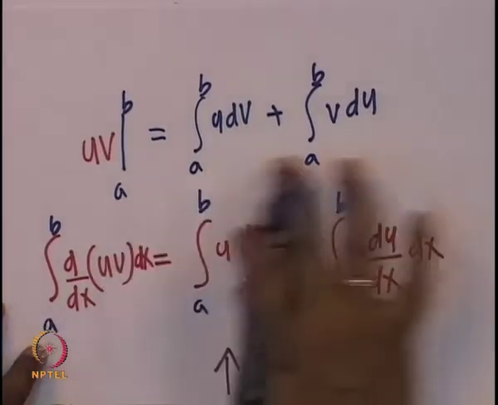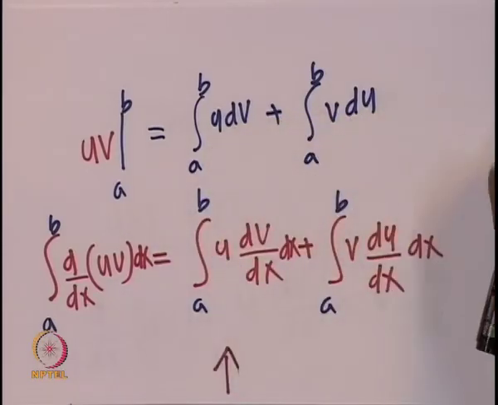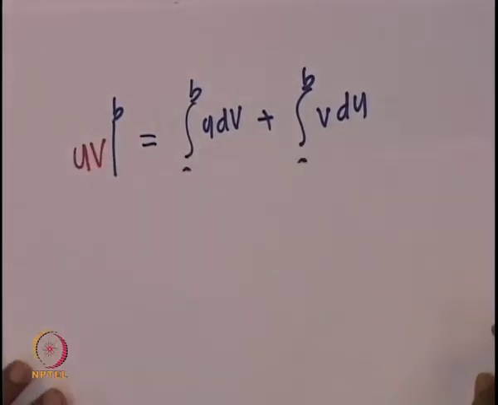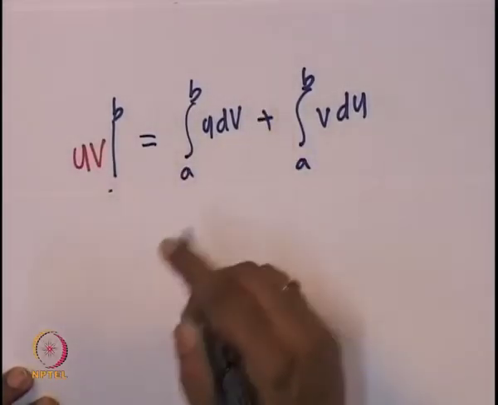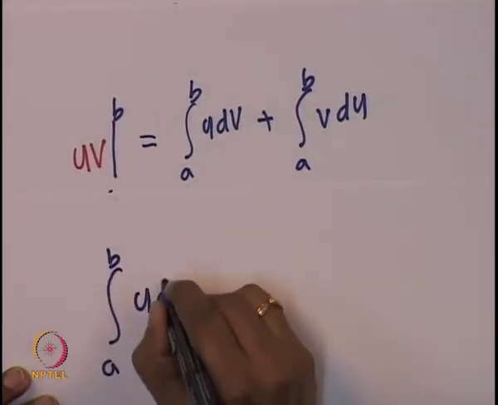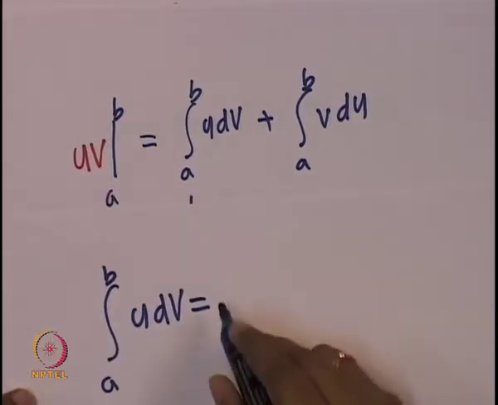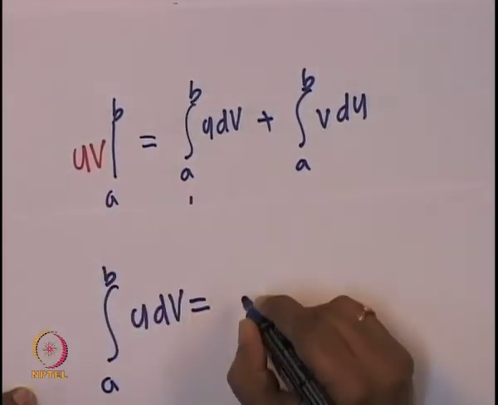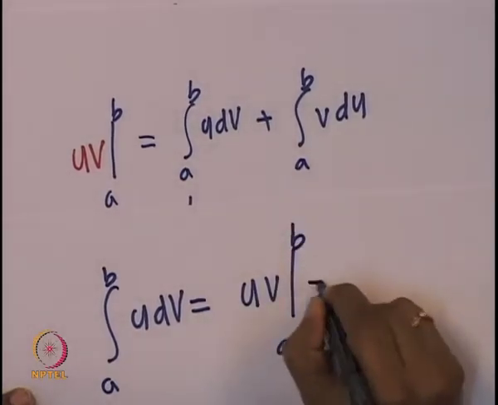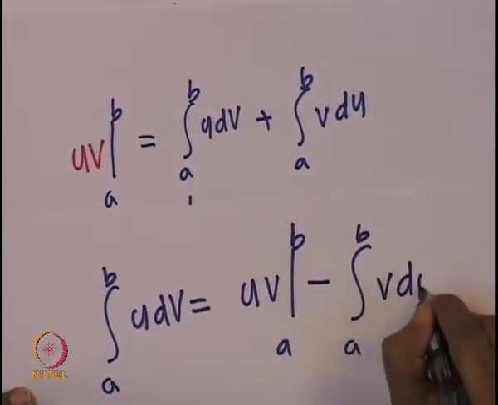So, we have an interesting formula here. Let me write this in a slightly different way. Integral a to b u dv is equal to u v in the limits a to b, minus integral a to b v du.